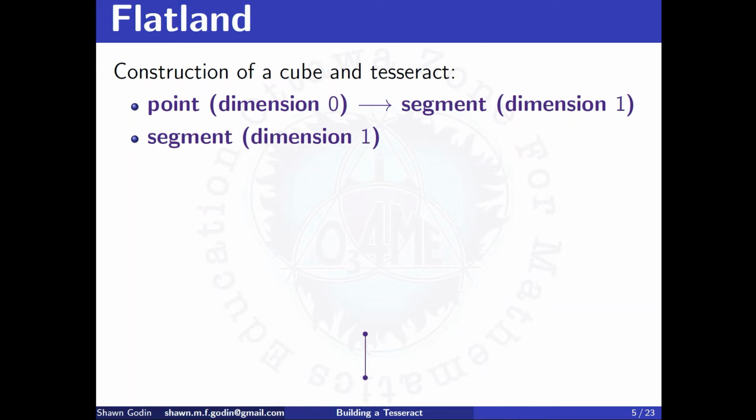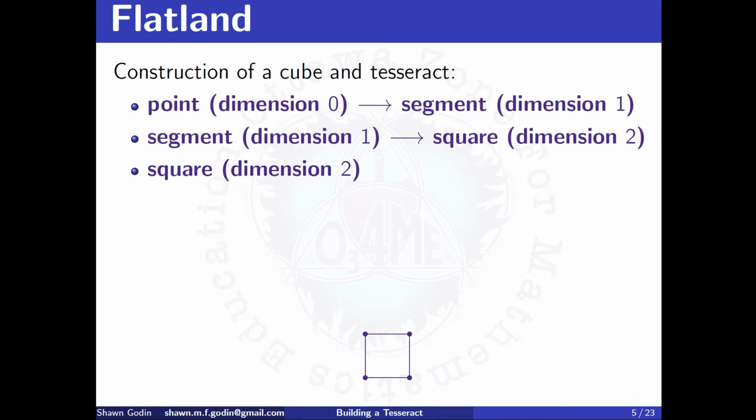Similarly, to go into dimension 2, if I start with dimension 1, I make a copy of my one-dimensional cube in the new direction and join up corresponding points, I get a square. And we can go one step further, starting with a square.